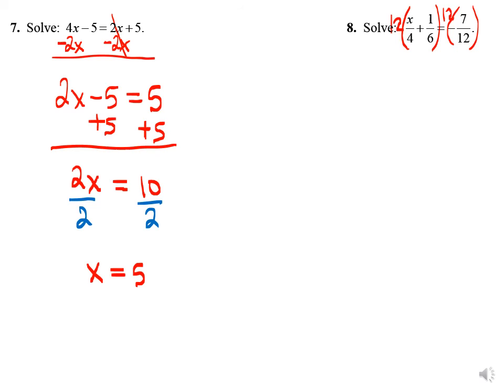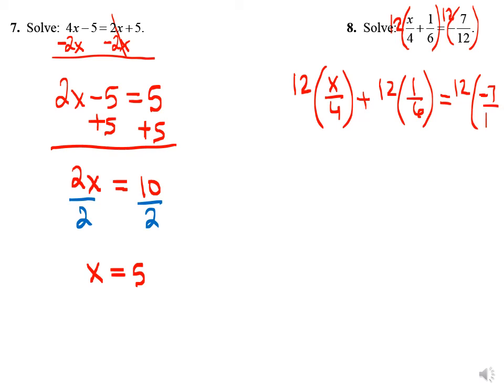It makes it a little easier. I do something called method 2 in the textbook. I multiply every single term by 12: 12 times x over 4 plus 12 times 1 over 6, and then 12 times negative 7/12. So notice, I am multiplying both sides by 12, I'm just doing it individually.